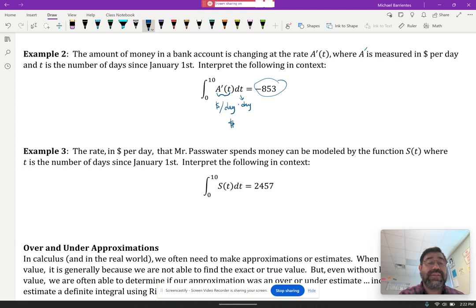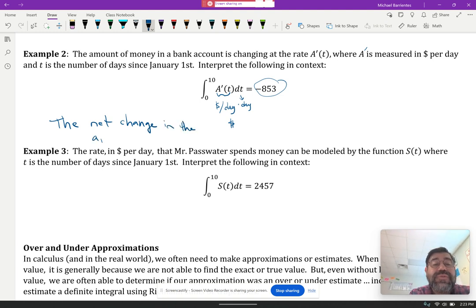It's talking about it's changing. So the amount of money in the bank account is changing at that rate. So therefore, what we just found is the net change in the amount of money in a bank account.